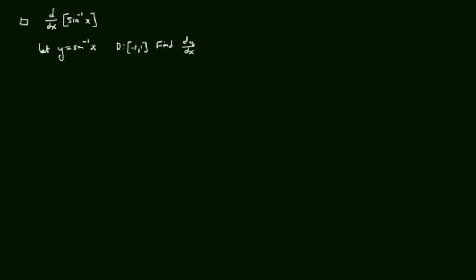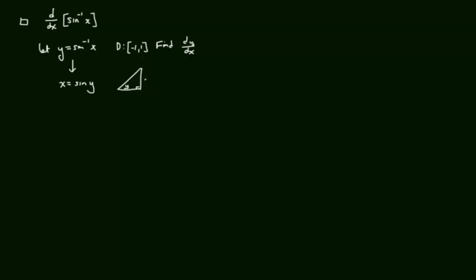So once we have y equals the inverse sine of x, we're going to rewrite this using the definition of inverses to be x equals the sine of y. At this point, we're going to draw a right triangle representation of that. So this is telling me that the angle is y and that the sine of y is equal to x, or x over 1.